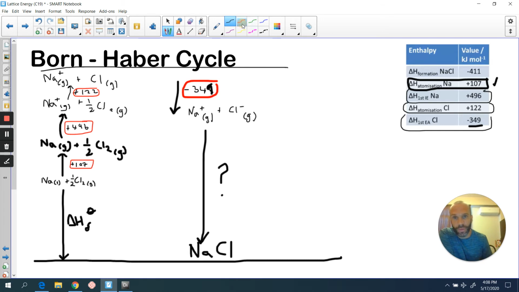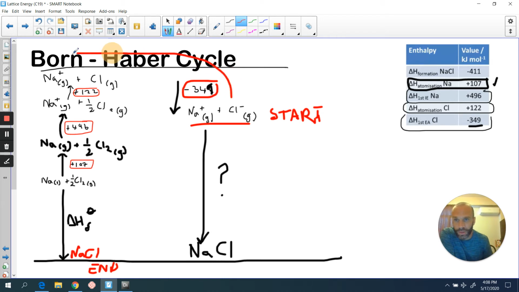What is the other route? It's effectively going from this, which we can call our starting point, and then this bottom line here is our ending point. And remember, I should put NaCl there as well. So effectively, this is our route now.